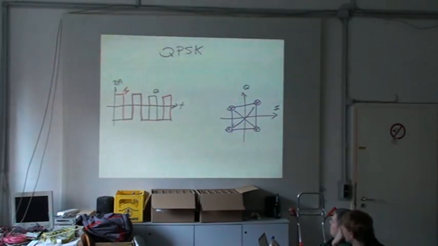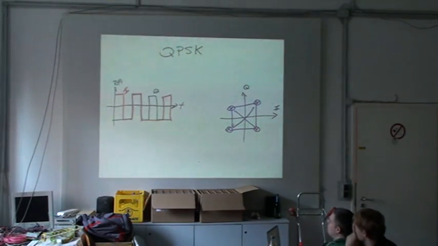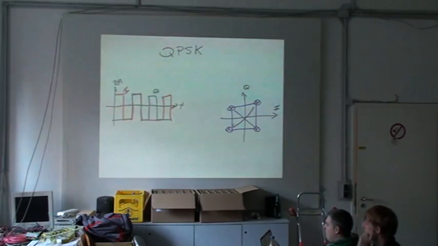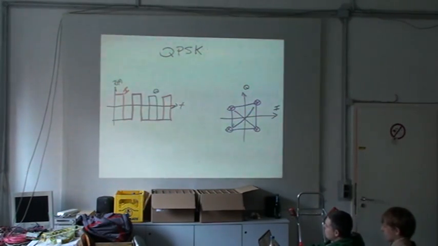So your first example of a real communication signal, somebody actually uses QPSK. In QPSK, you're modulating two binary symbols on every symbol period.